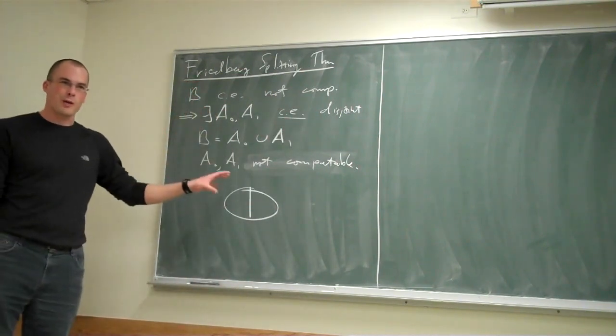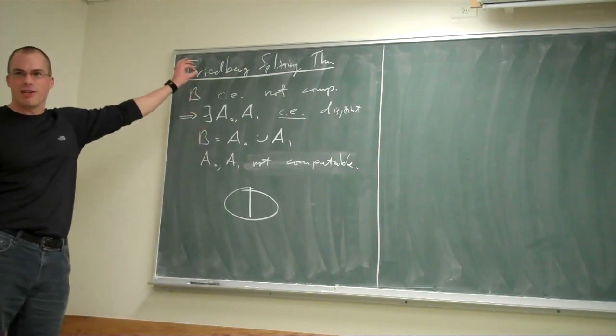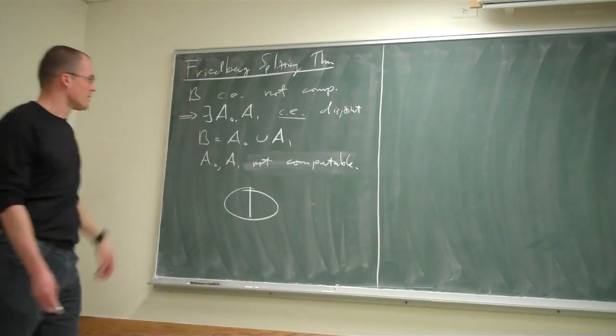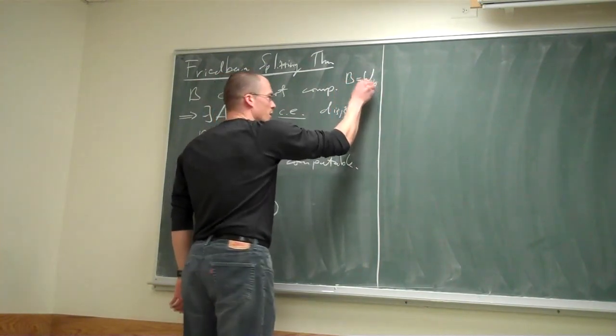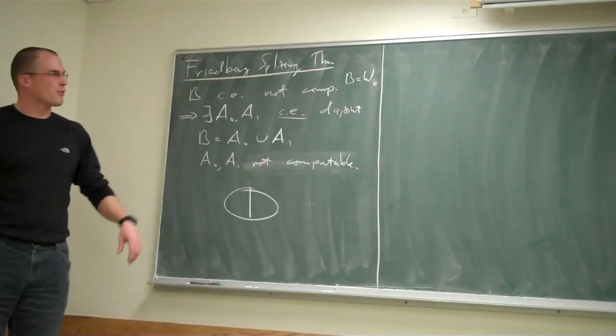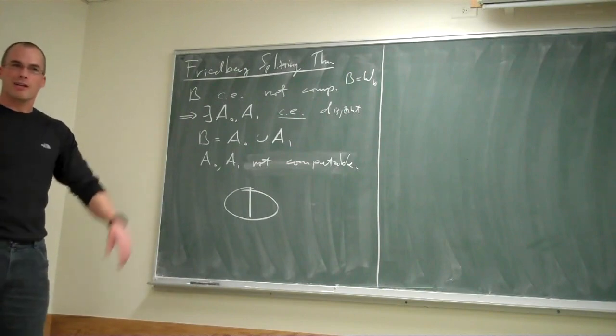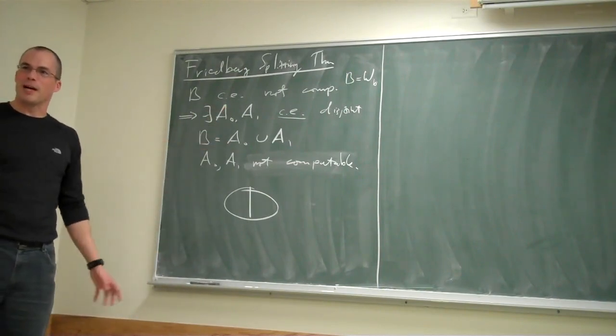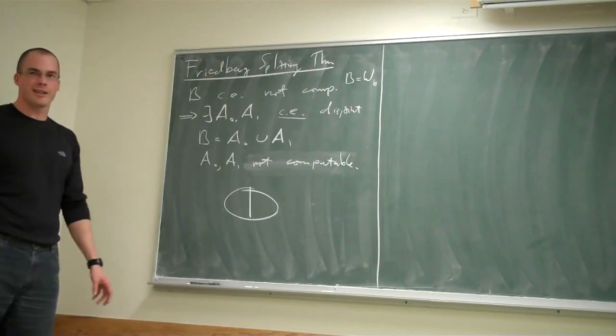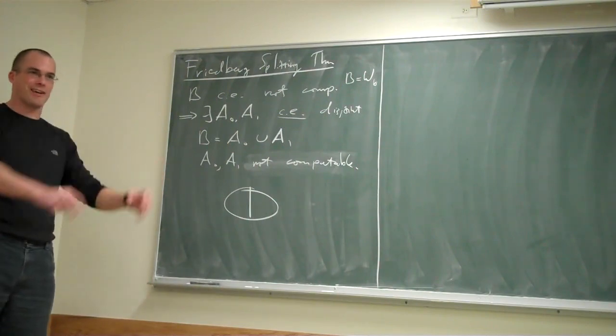Of course, one way would be, given an index for B, let's call it little b, so we can say B is equal to W of little b. Given this index for B, we somehow need to come up with indices for A0 and A1, and we could imagine major creativity and just, there they are.